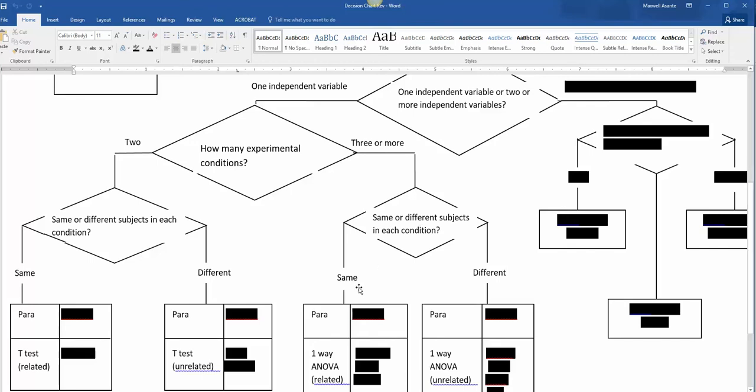If it is the same individuals, the test we use is the one-way analysis of variance. Analysis of variance shortened is ANOVA for related samples. If it is different groups of individuals in the three different conditions, then the test you use is the one-way ANOVA for unrelated samples. Hopefully this is clear.